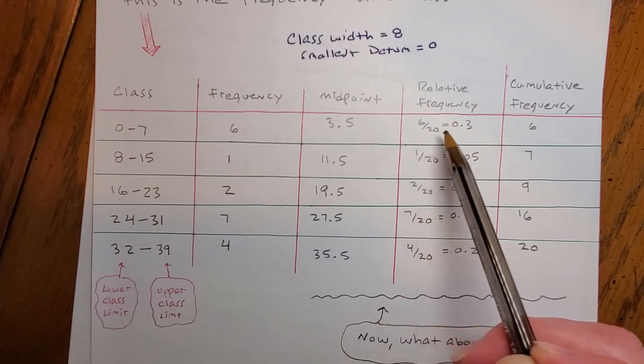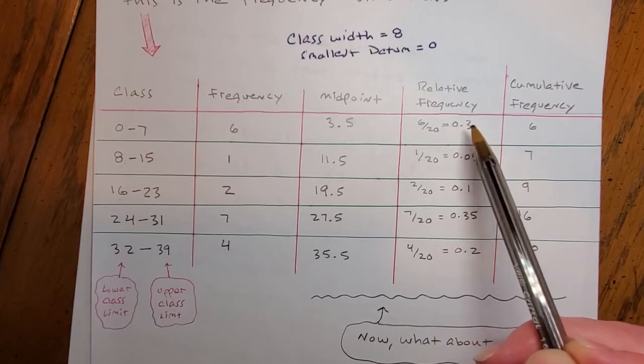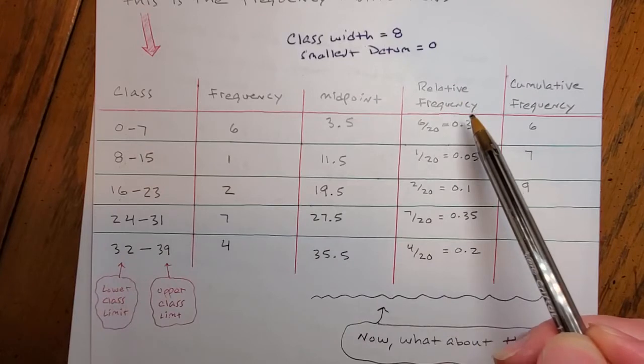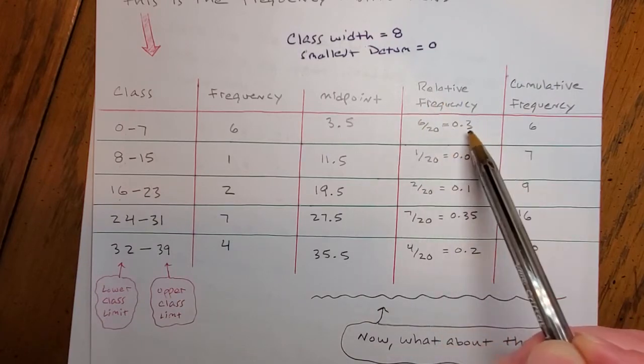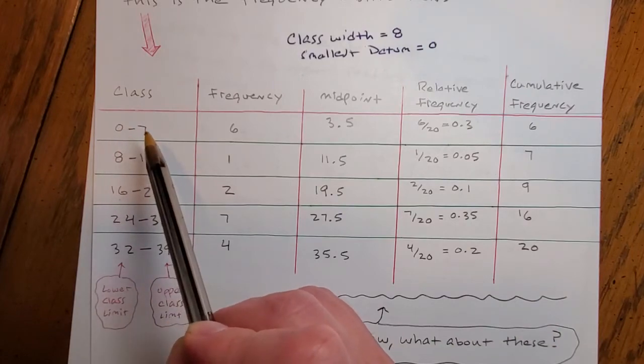Now, 6 out of 20 is 0.3. For this entire sample, all 20 people, if I were to say that as a percent, what would I say? 30%. So this number says 30% of the people read between 0 and 7 minutes of news.